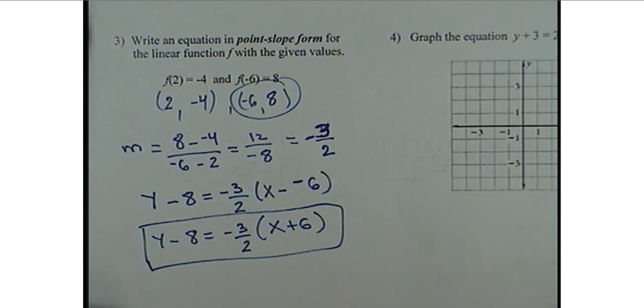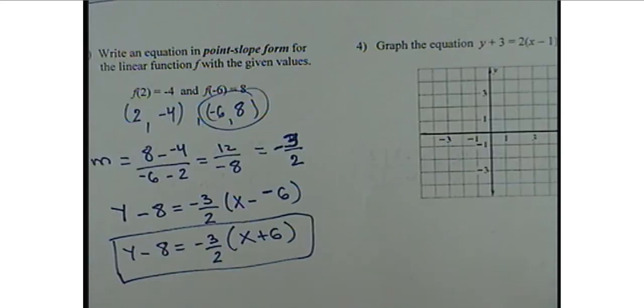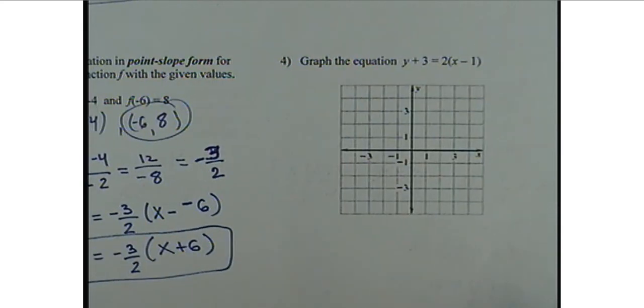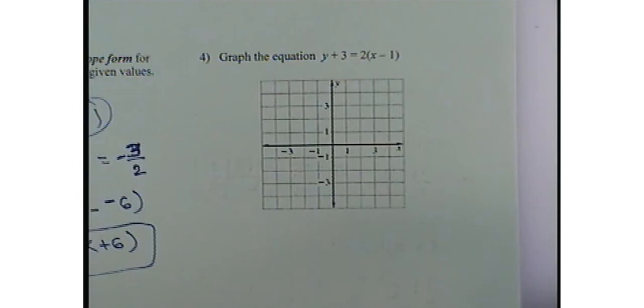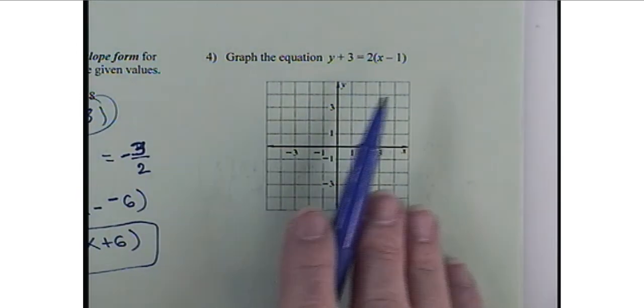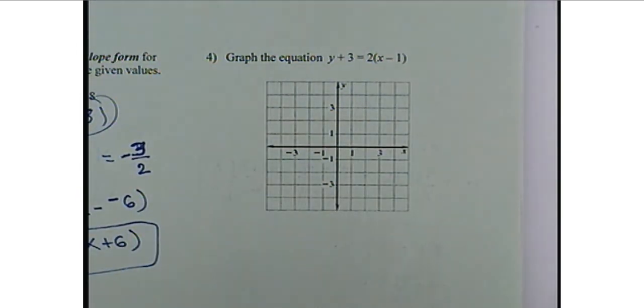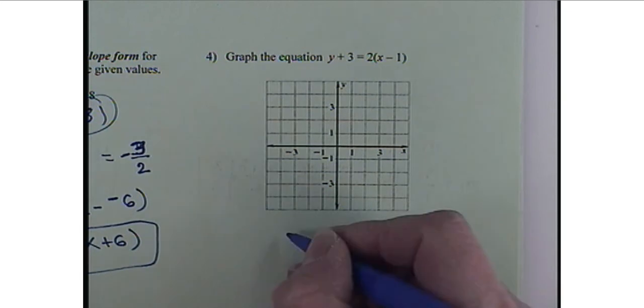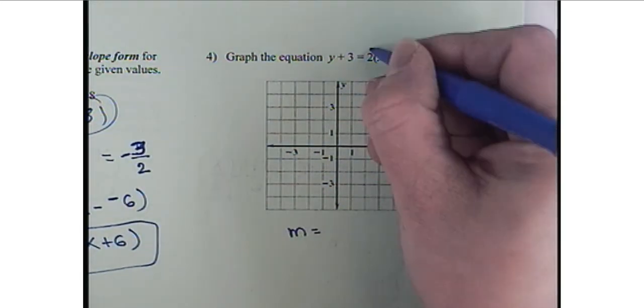Alright, example number 4, and that will be the last example of this form. Now, what is given? We are given an equation in point-slope form, and we're asked to graph this equation. Well, in order to graph an equation, we need the point and the slope. So the slope from the equation will be number 2.